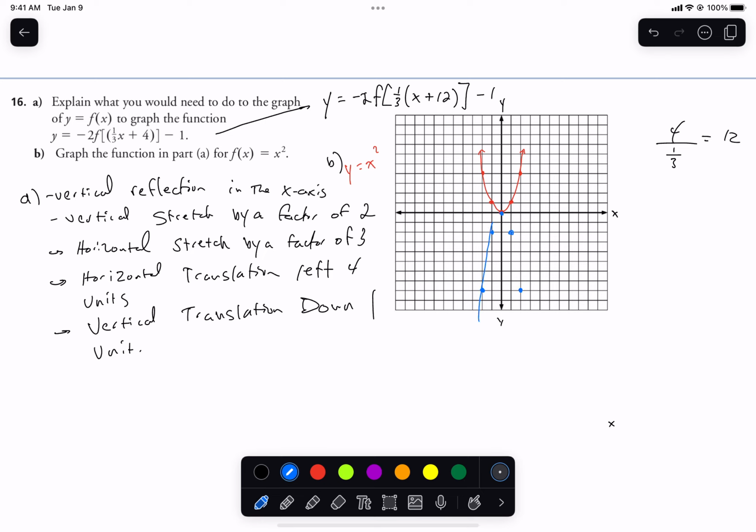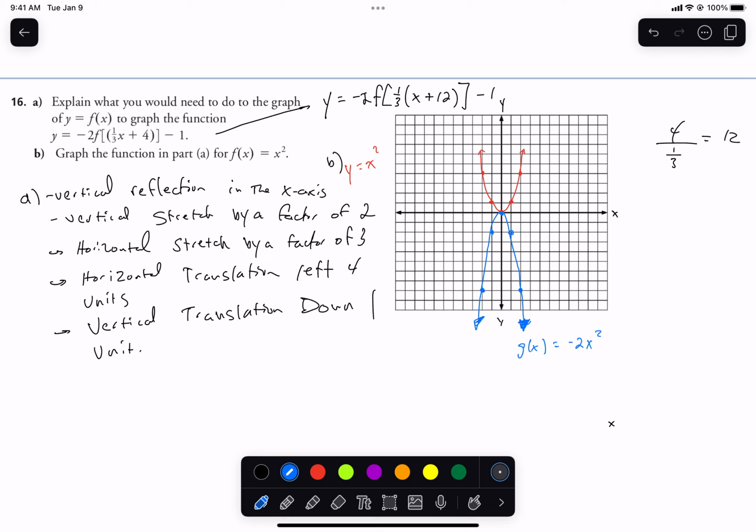So this is going to be the graph of, we'll call it g of x, sorry, g of x is equal to negative 2x squared.